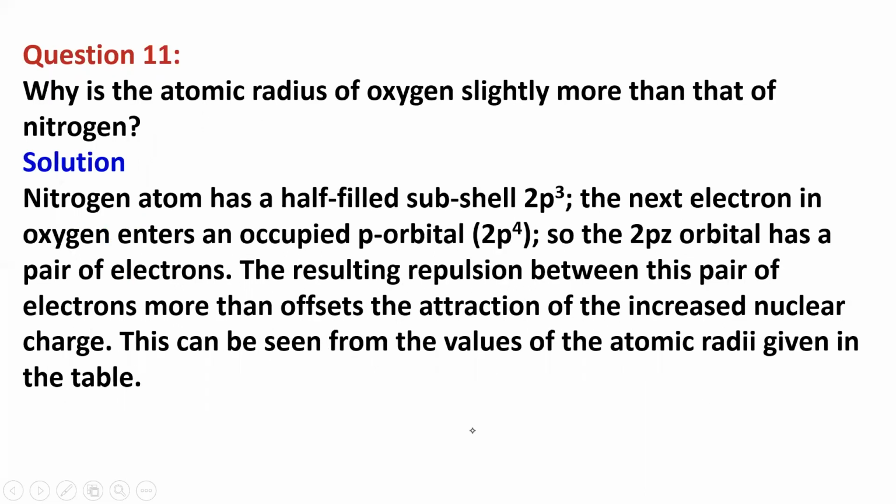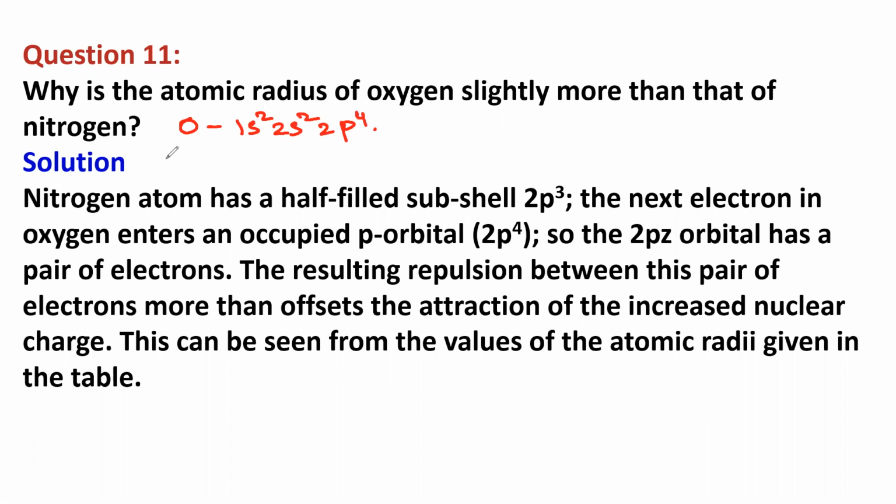Why is the atomic radius of oxygen slightly more than that of nitrogen? This is also based on electron configuration. The atomic number of oxygen is 8, so the configuration is 1s2, 2s2, 2p4.